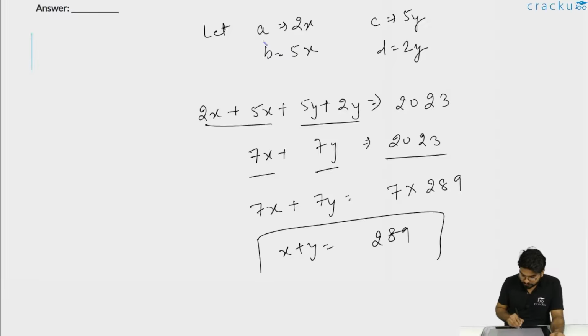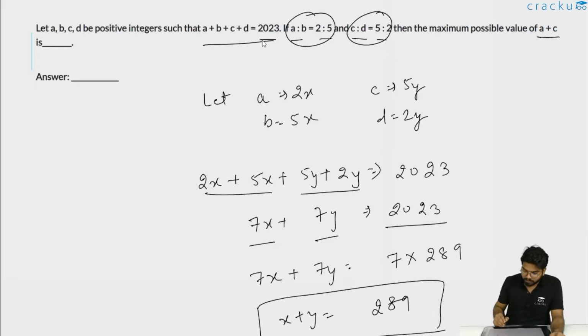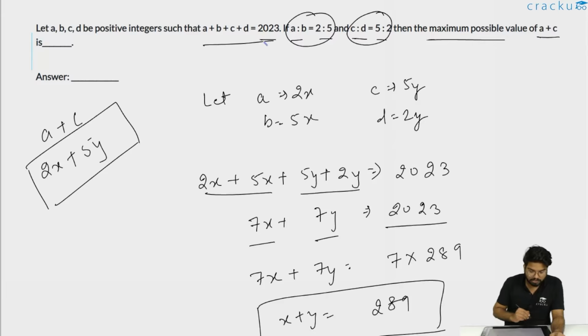Alright, we have got this. Now we are asked the maximum possible value of A plus C. What is A? A is 2x. What is C? C is 5y. We want the maximum possible value of this. Now clearly, if I want a maximum sum, I want to give the maximum value to something which has a higher multiple.